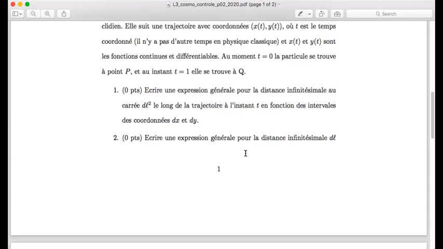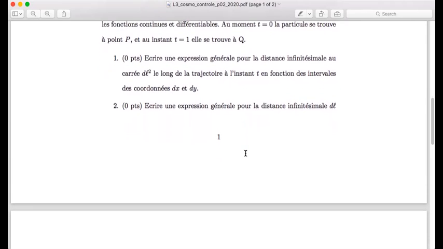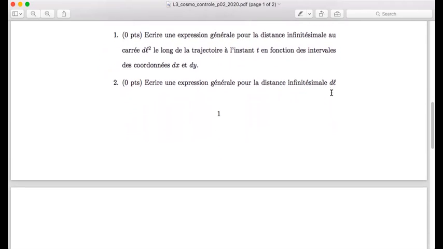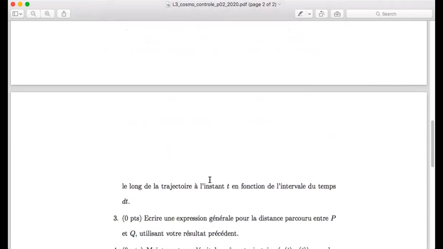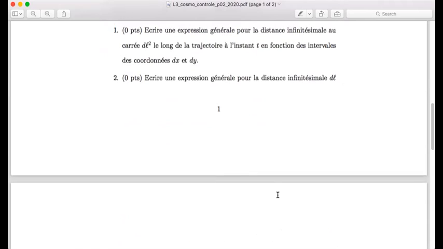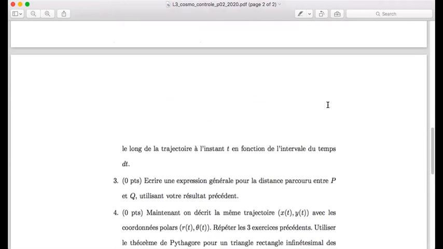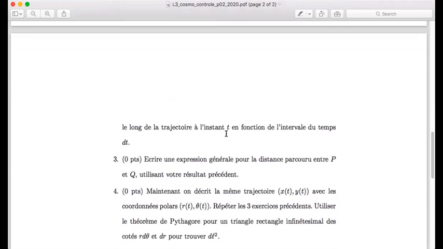Write a general expression for the infinitesimal distance dl along the trajectory as a function of, so now I want just dl, not dl squared, and also I want it as a function of the interval of time dt.